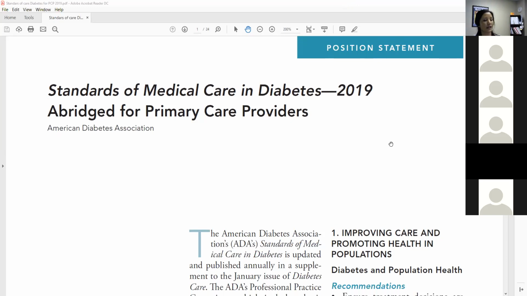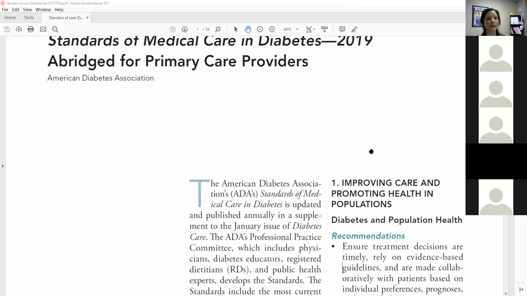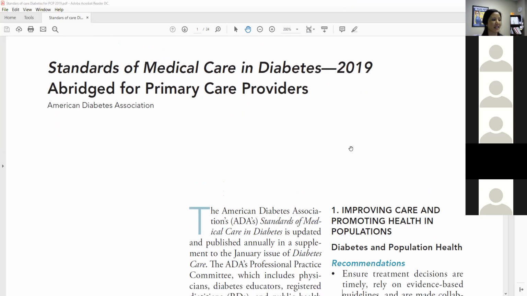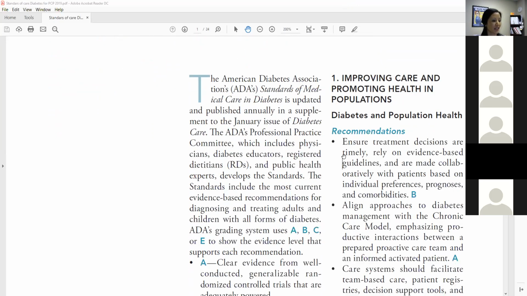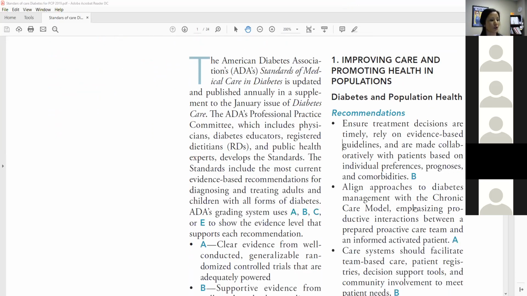I can. Okay, perfect. I was reading this and I came across this chronic care model, and it was extremely emphasized that it was very good at improving diabetes care in patients.